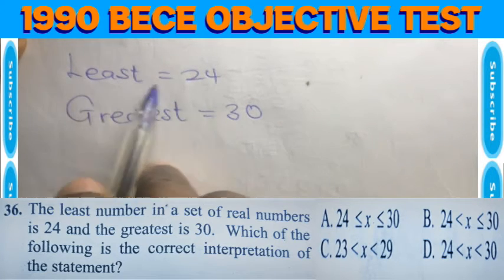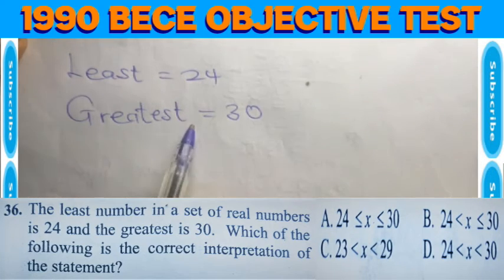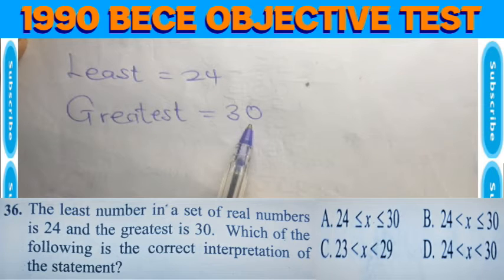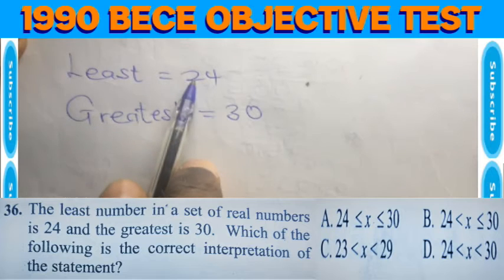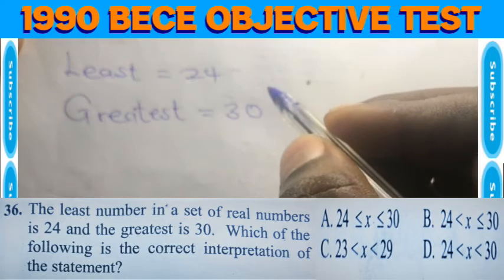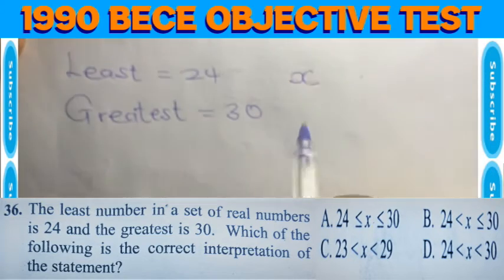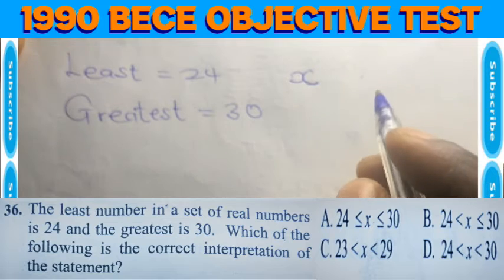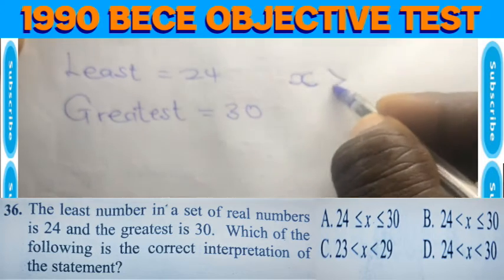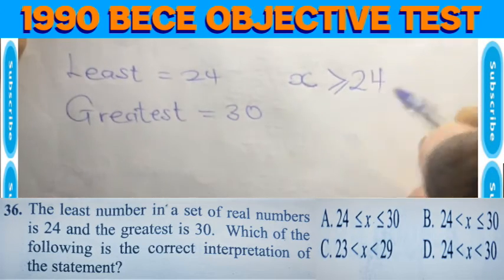So if the least number is 24 and the greatest is 30, how do we express this? It means that all the real numbers will be greater than or equal to 24, and we are using x to express this.